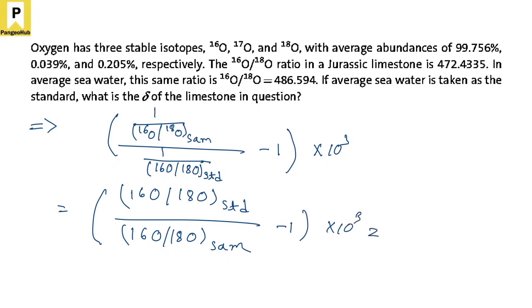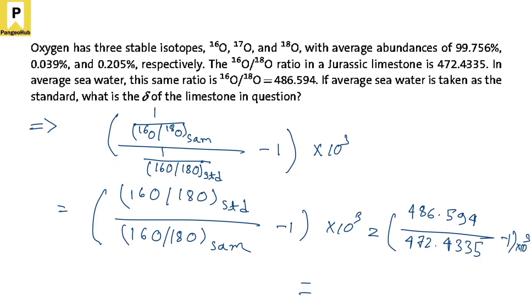So it will be 486.594 divided by 472.435, minus 1, into 10 to the power 3 per mil. Let's take a moment and calculate this.